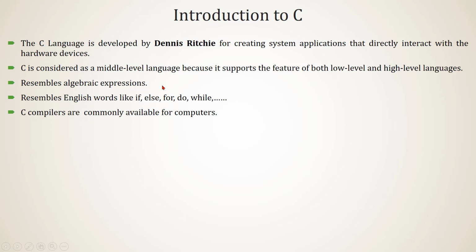So C programs look like some algebraic expressions or some arithmetic expressions, and also it has some English words like if, else, for, do, while, etc. So this is the introduction to C.